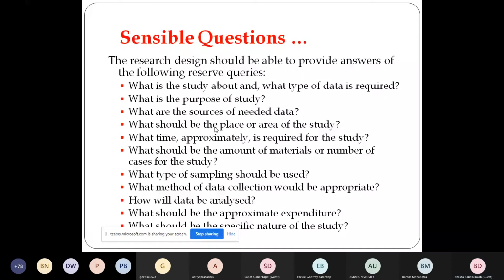Then other operational expenses, like you are designing the questionnaire, printing the questionnaire, communicating to the respondent, sending emails, telephonic. So telephone, email, stationery, these are all your operational expenses. You have to make your budgetary plan before you start your research, so that your research will be really appropriate in all forms.